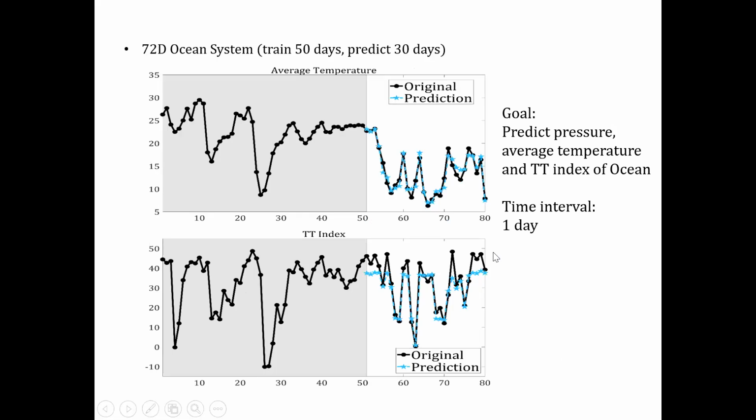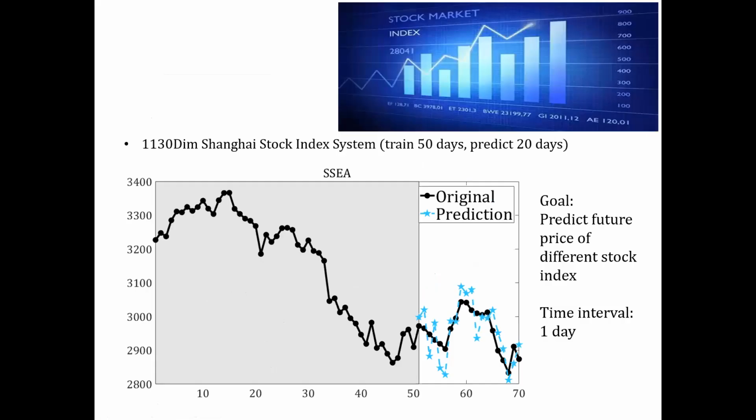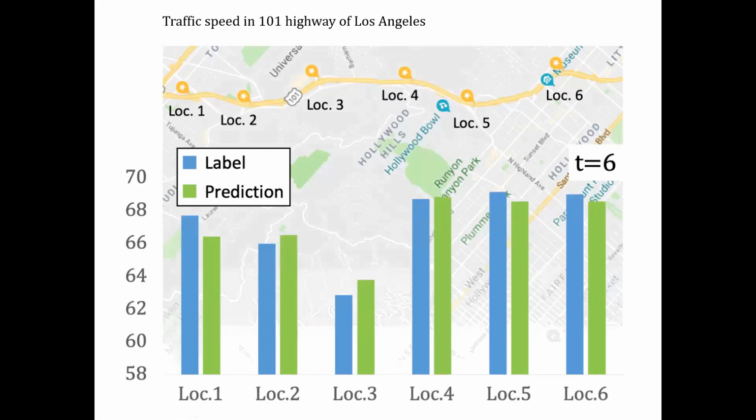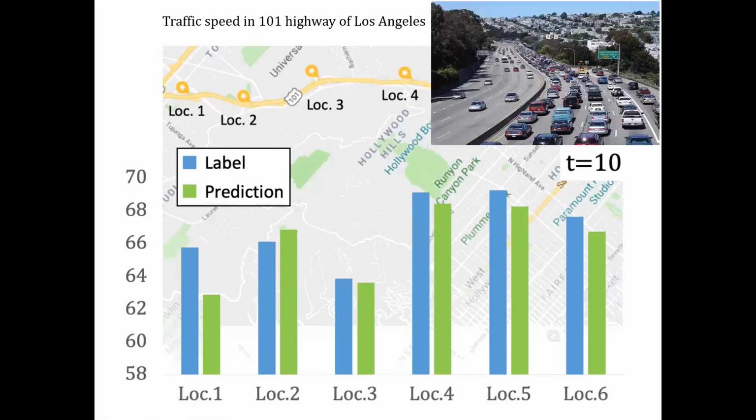Okay, so this is for another. I pass them for temperature and many others. So this is for the stock market. This one is for LA, highway 101.